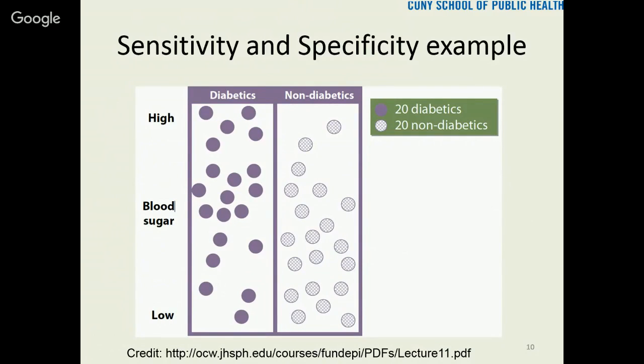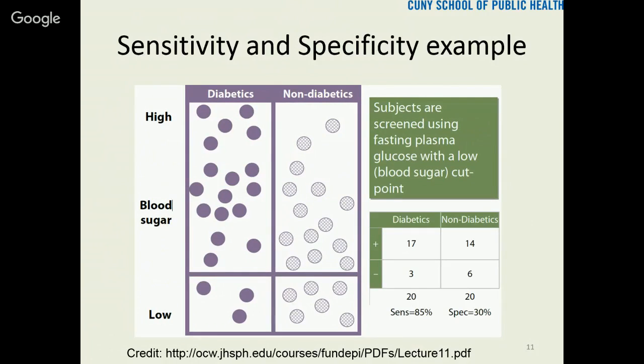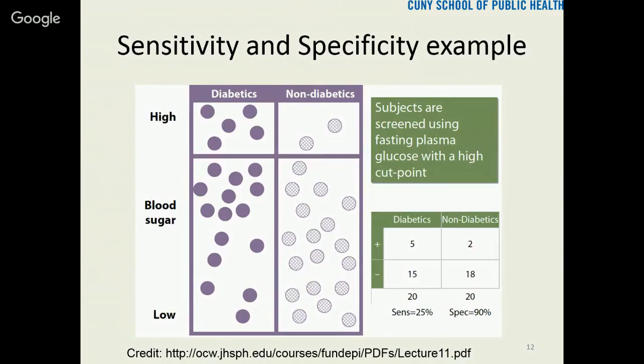Then you'd be reducing the sensitivity, and you wouldn't really be improving the specificity all that much. This is totally theoretical. Oh, if you moved your cut point up, like this? Yeah, exactly. Okay, so that's the next thing.